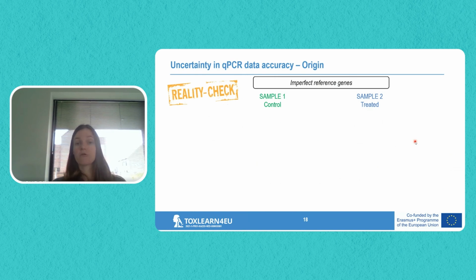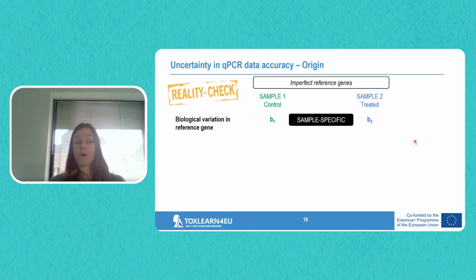So in our example, it would be the case that zinc exposure of Arabidopsis plants will also slightly affect the expression of the reference genes. Of course, normally it will not affect the expression of the reference genes as much as it will affect the expression of the genes of interest, but still there might be a small effect on the expression of the reference genes as well.